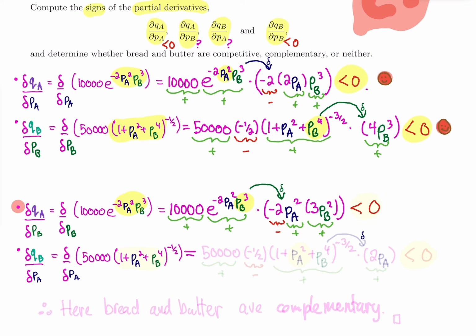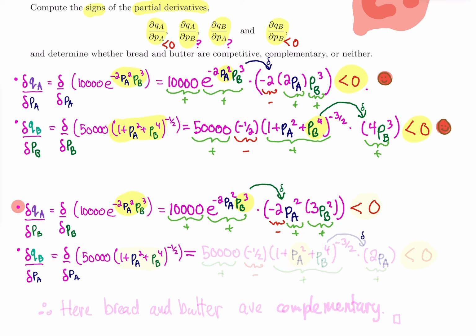It means that if you raise the price of butter, you're also going to get a decrease in the demand of bread. And the idea here is what? Well, if you are spending more money on butter, you will have less money to buy bread. And this is why the demand is decreasing. So it does make logical sense.